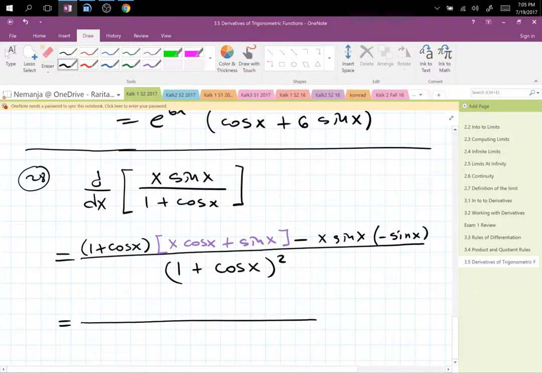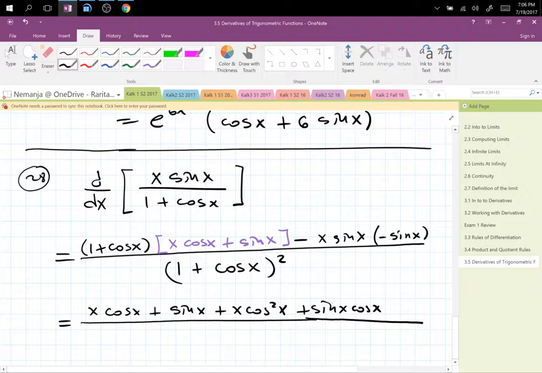So now we're going to FOIL, which is x cosine x plus sine x plus x cosine squared x plus sine x cosine x, and then plus x sine squared x. Just a little bit of algebra.